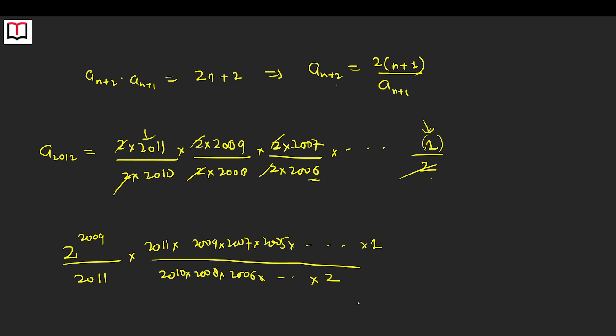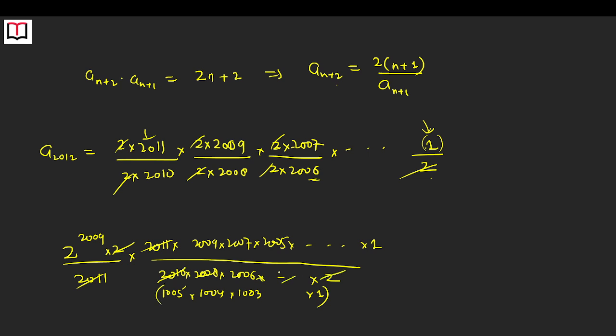Oh, we need one more 2 here, so that means there should be an extra 2. So now 2011 gets cancelled. If I start cancelling a 2 every time here, so 1005, then 1004, into 1003, where will I end up? I will end up at 1.